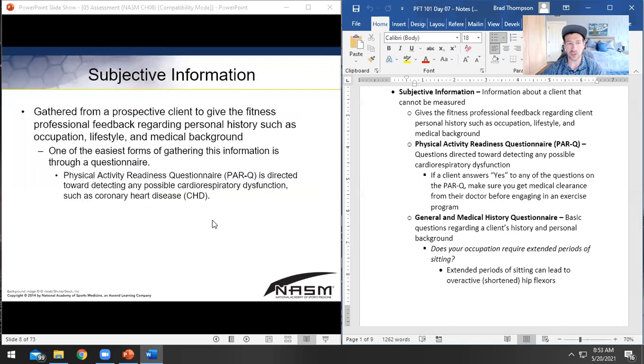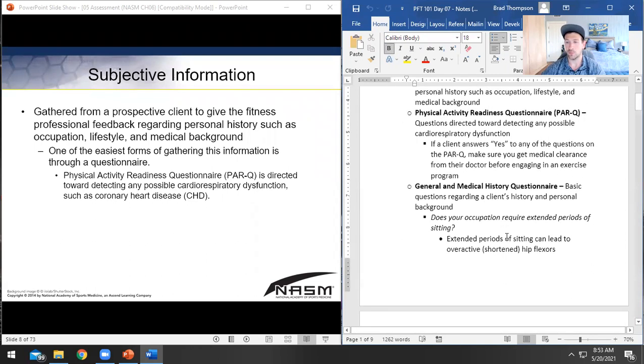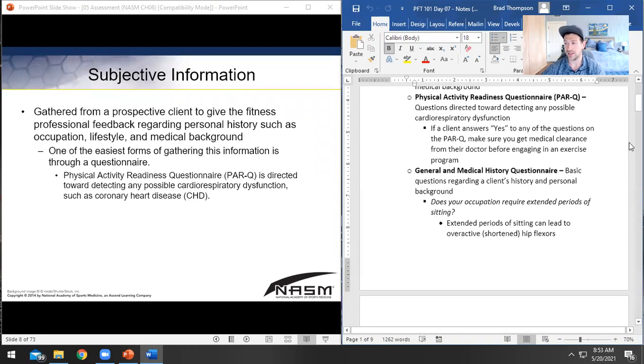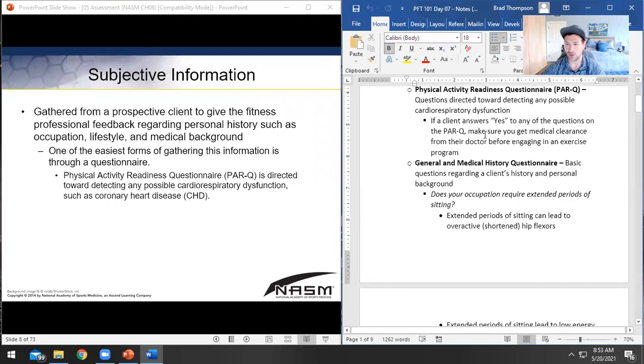So looking at subjective information, like I said, this is your personal history, your lifestyle, your medical background, and it's some of the easiest information that you can gather because really it's just you going through a questionnaire. Just like we did yesterday, where we paired up and went through these questionnaires, right? The first thing that you always want to start with, guys, is your PAR-Q. That's your physical activity readiness questionnaire.